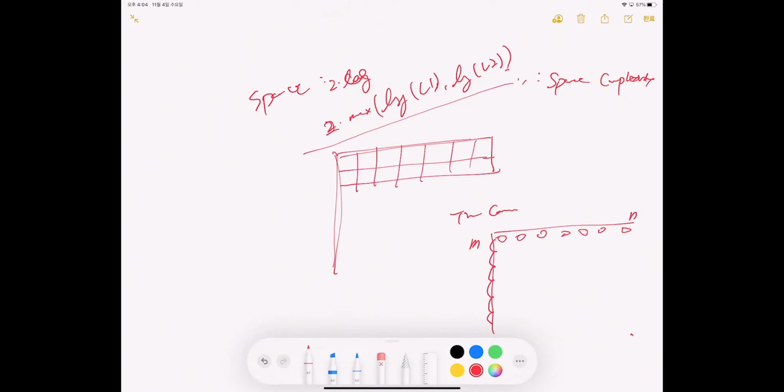So for m from 1 to m, then for n from 1 to n. Therefore, the complexity is n squared.